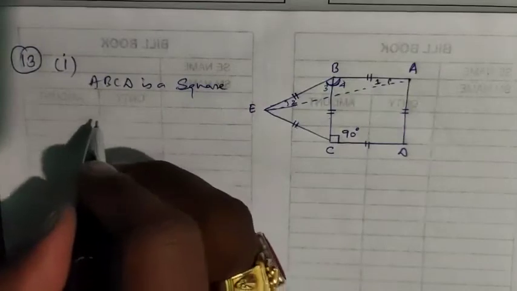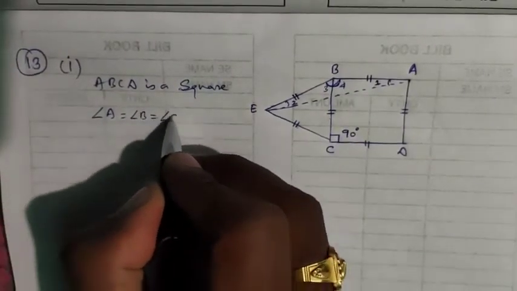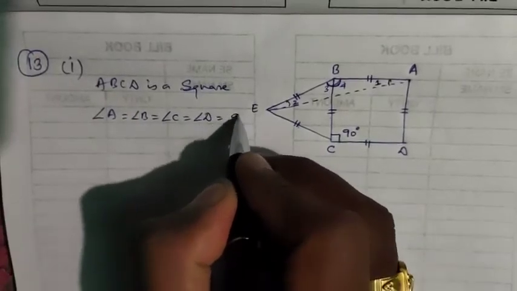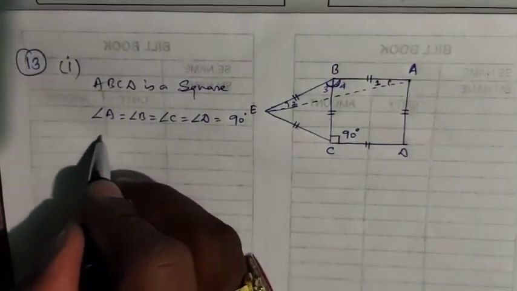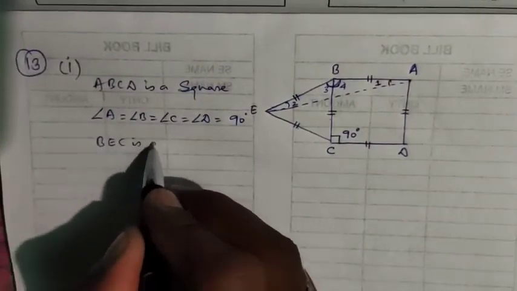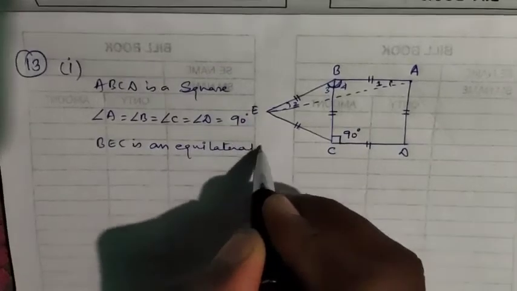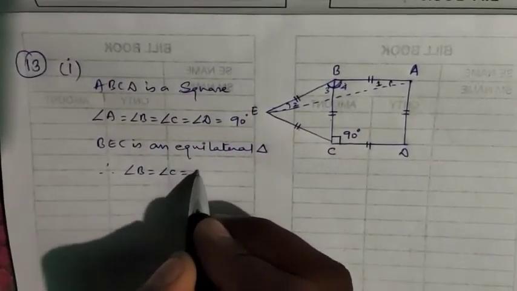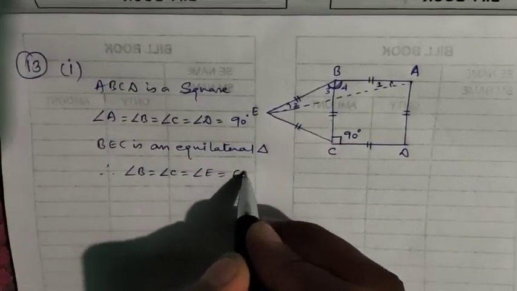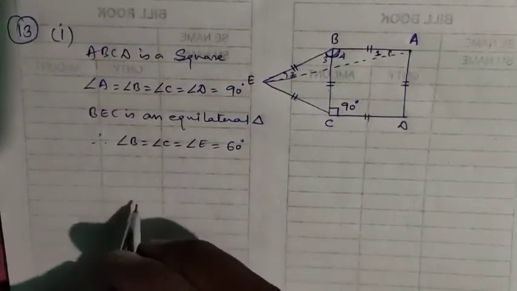And ABCD is a square, therefore angle A is equal to angle B is equal to angle C is equal to angle D. All angles are 90 degree. And BEC is an equilateral triangle. Therefore angle B is equal to angle C is equal to angle E is equal to 60 degree. We have studied that all angles of an equilateral triangle are 60 degree.